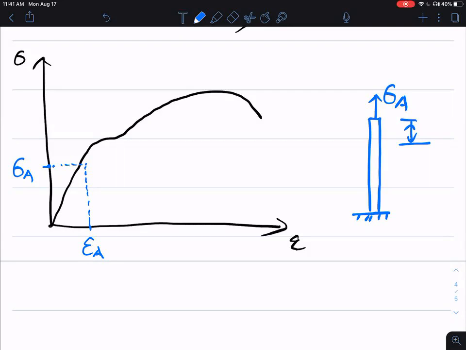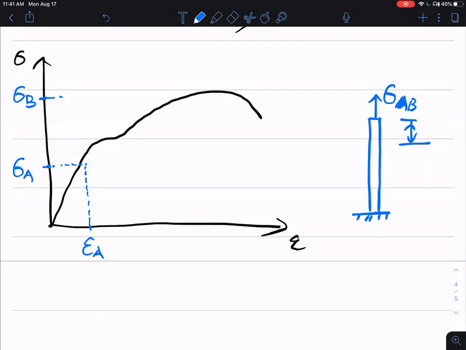Okay. Now, what if we have another load? Let's call it sigma B. What is the deformation at this point when we apply sigma B to this bar? Yep, I heard plastic. Now we will have plastic deformation. How much deformation are we going to have?